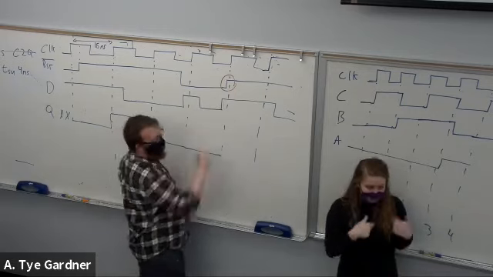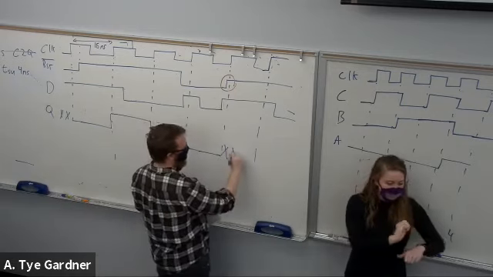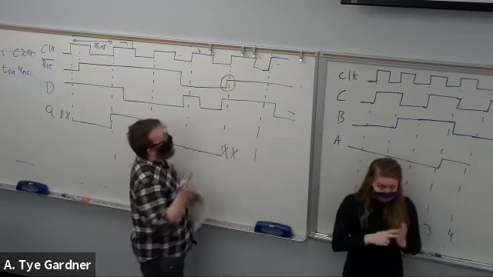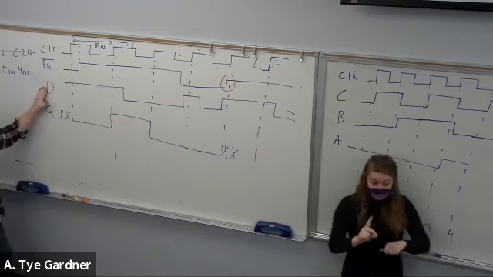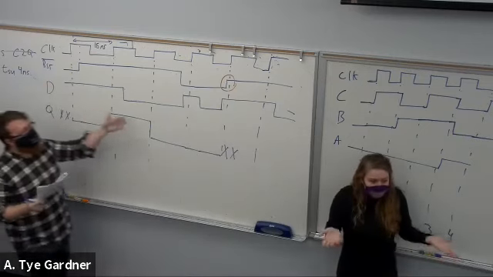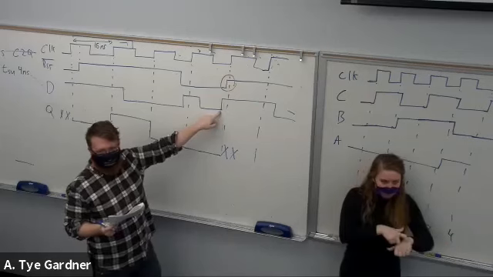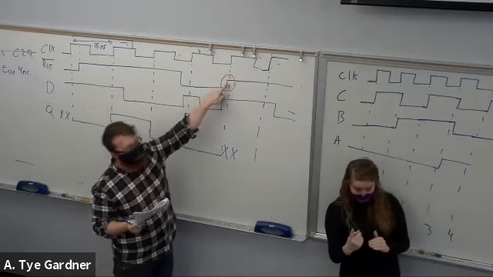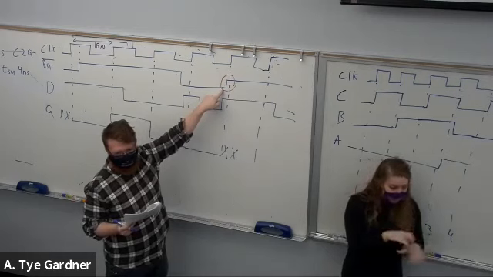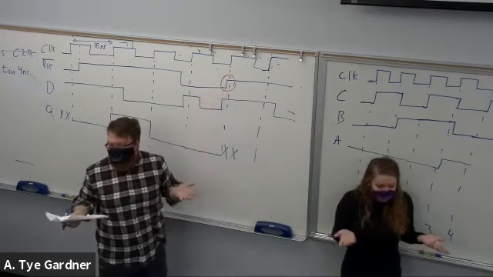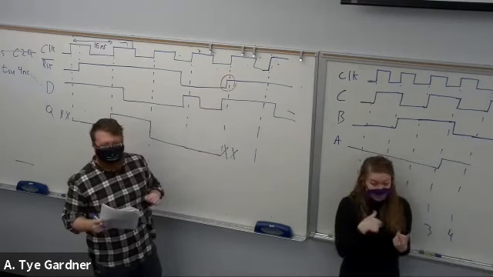But because we don't meet setup time, we don't know, because we don't know if reset or D is faster. And since we're not meeting those times, D is 1. So if reset is being done, then it's 1. If reset's not done, it's 0. So it could be either one. We don't know.